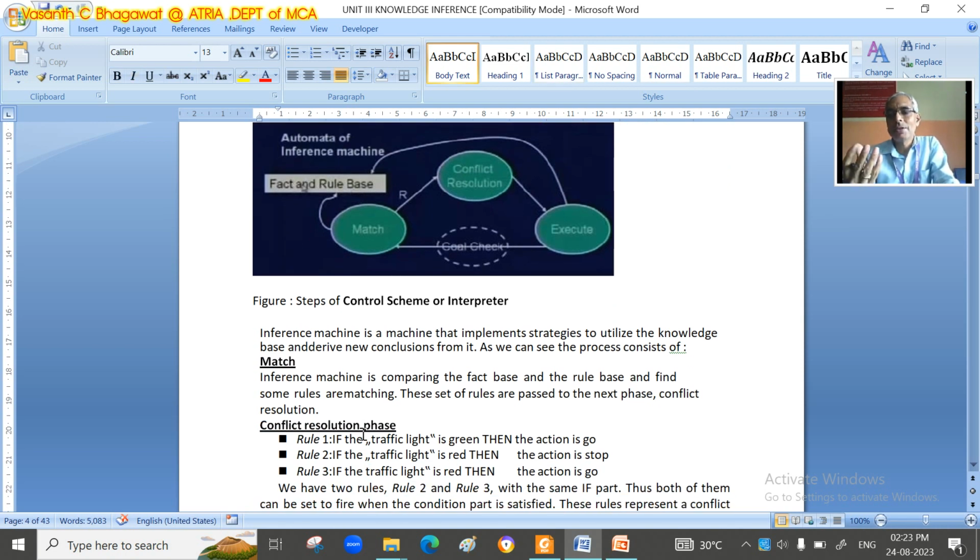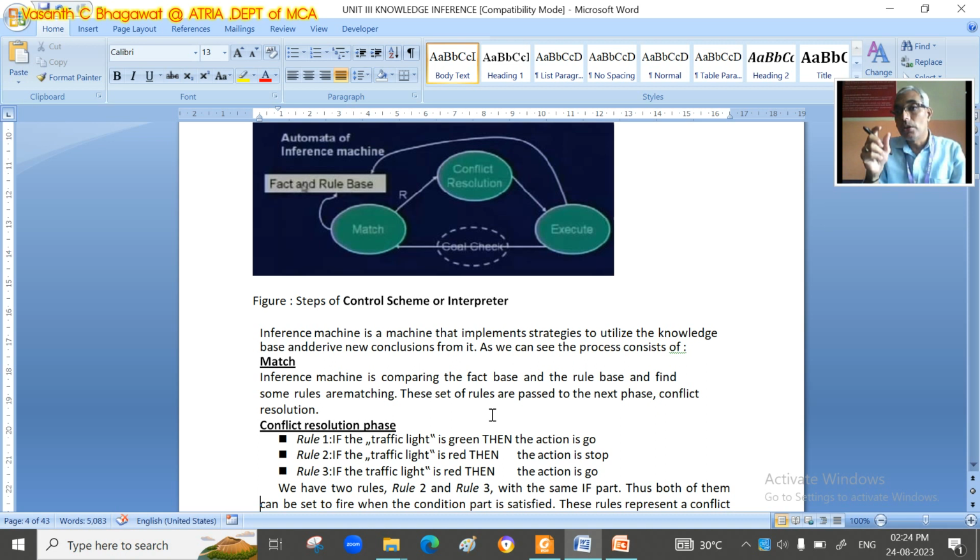These are very straightforward things to understand when you take a simple example of how we human beings process in our brain. The first thing is match. In our inference mechanism, the inference machine compares the facts in our knowledge base with the rule base and finds which rules are matching.